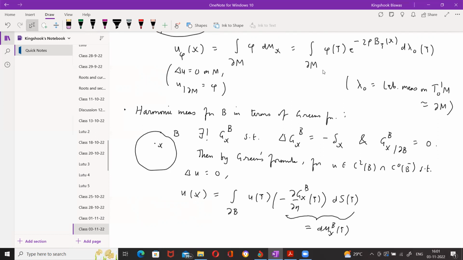So that is an explicit formula for the harmonic measure in terms of the Green's function. And so the Poisson kernel is going to be a ratio of normal derivatives, you see?